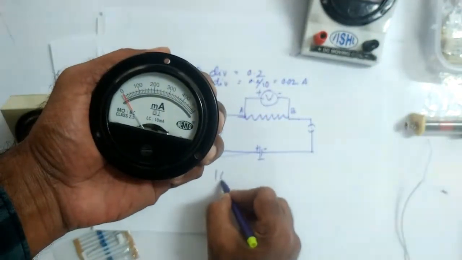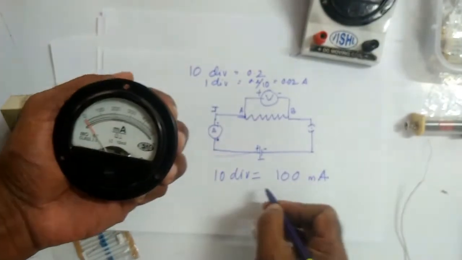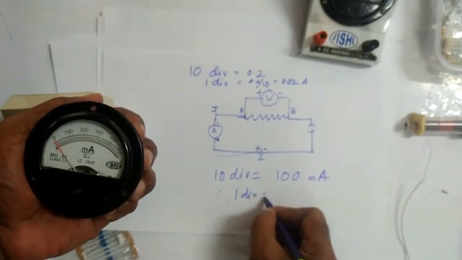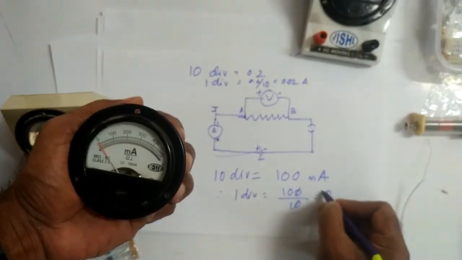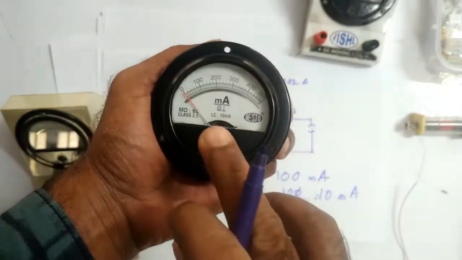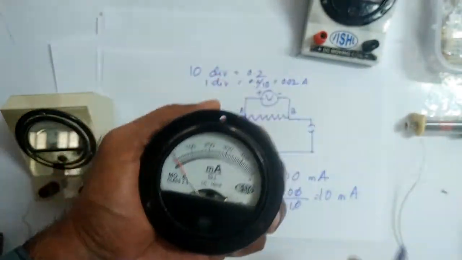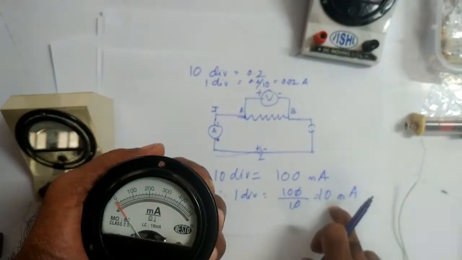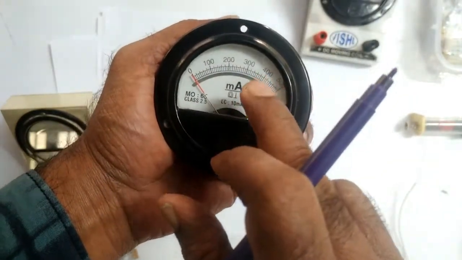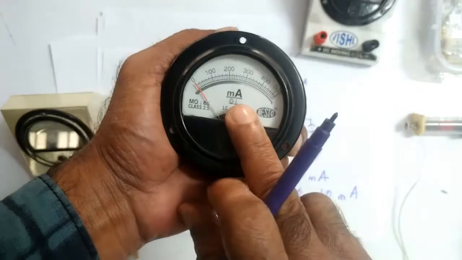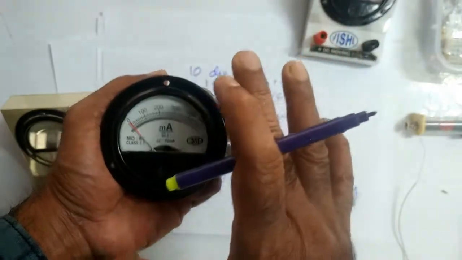So 10 divisions is equal to 100 milliampere, and therefore 1 division is equal to 100 by 10, which is equal to 10 milliampere. So one small division gives us the value 10 milliampere. Right? So what is the least count of this? 10 milliampere. Right? So this is about finding the least count of these two devices.